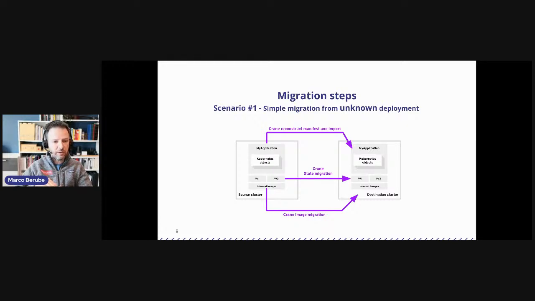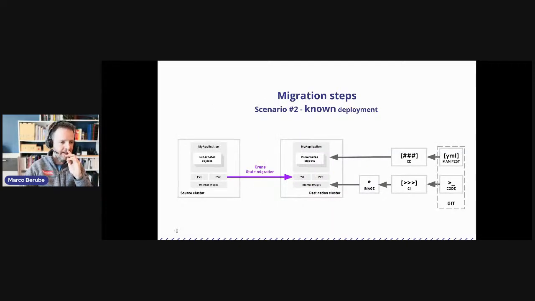Then you would have to migrate the state or the PVs from one cluster to another. And then you have the images as well. So as a first use case, you could use Crane to simply do that, which is also what MTC does today. You would use the Crane command to migrate all those three things very simplistically.